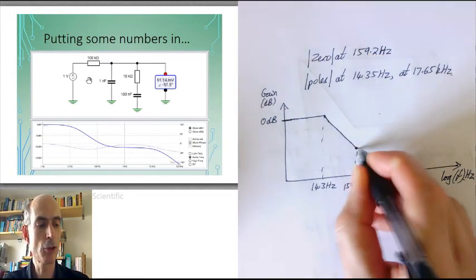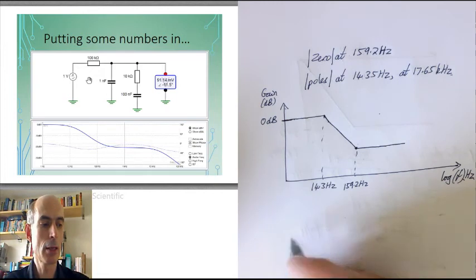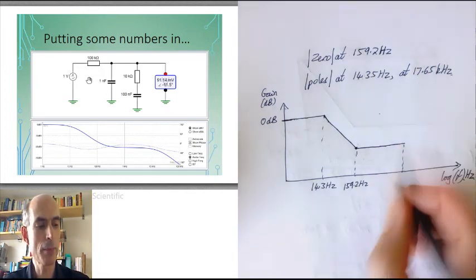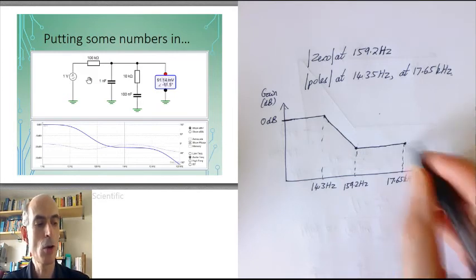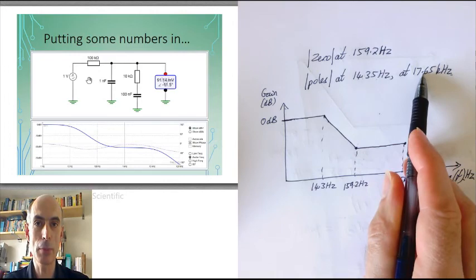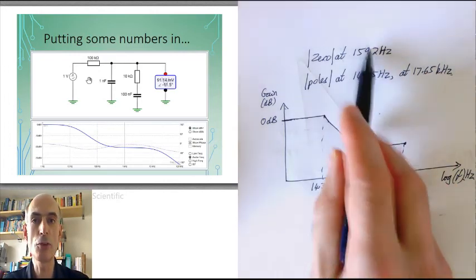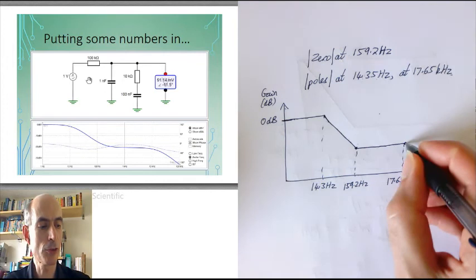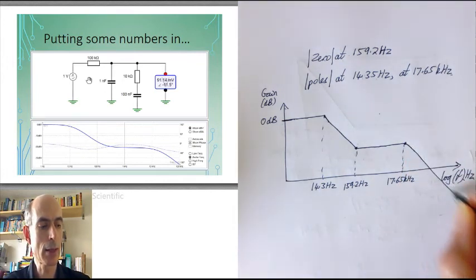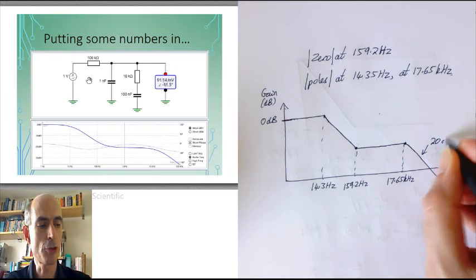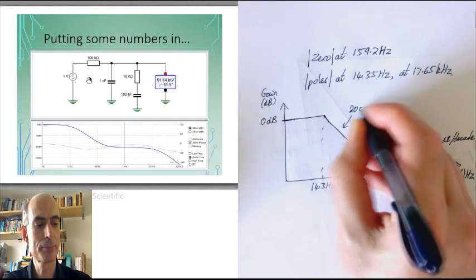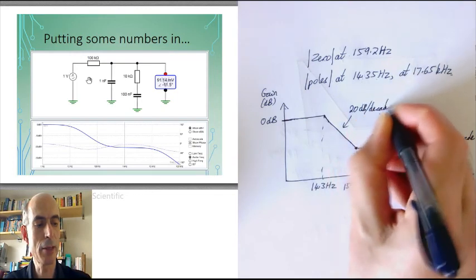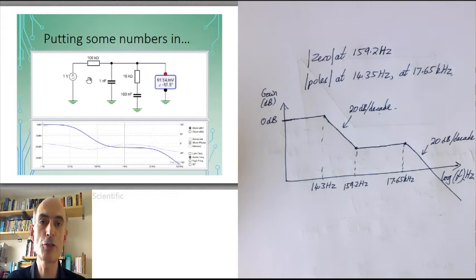Net result, it just carries on horizontal until we get to the final break frequency, which in this case is 17.65 kilohertz, and now we will have two poles pushing it down at 20 dBs per decade, but only one zero pushing it up. Net result, it heads down again at net 20 dBs per decade. And that's it. That's our Bode approximation of the amplitude response of this network.